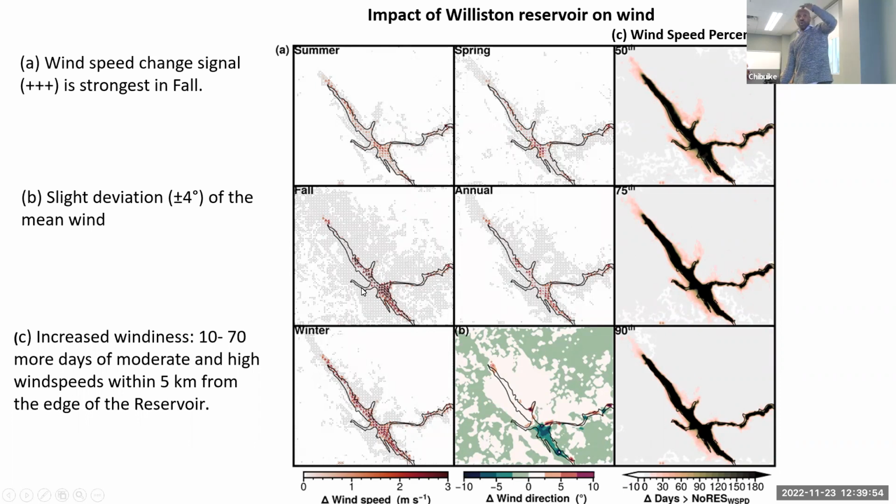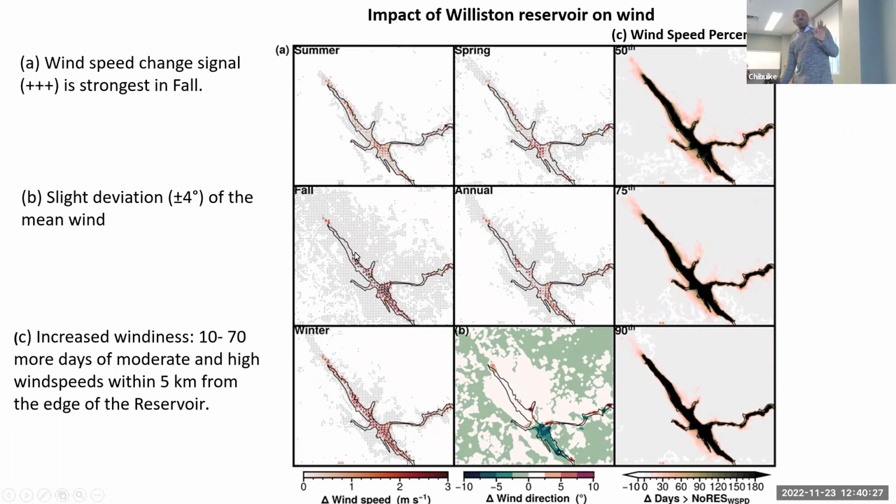Without the water, the wind blows across, but with the reservoir, there's less friction, so there's increased wind speed. And in reality the reservoir water level fluctuates, so sometimes the wind blows the sediments within it and spreads them across.